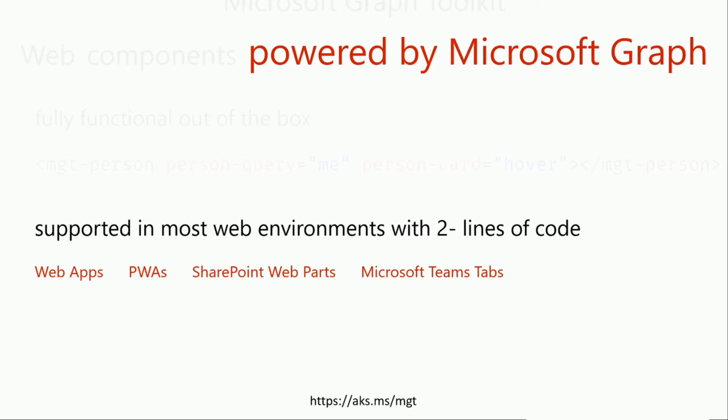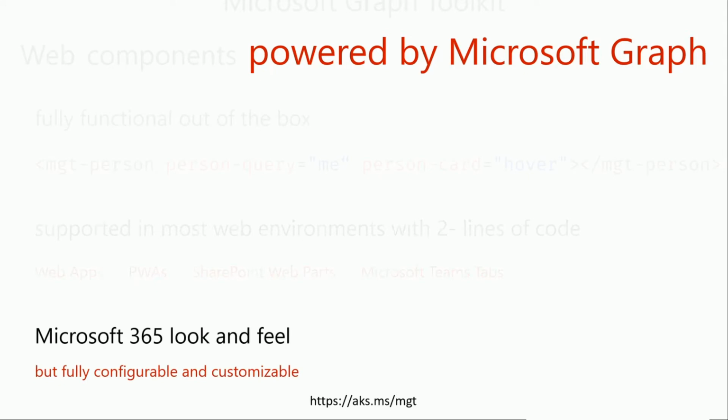So if you use these components inside of any of these environments, we have authentication providers that with 2 or fewer lines of code will enable your components to work automatically. And finally, these components look and feel like they're part of the Microsoft 365 experience.